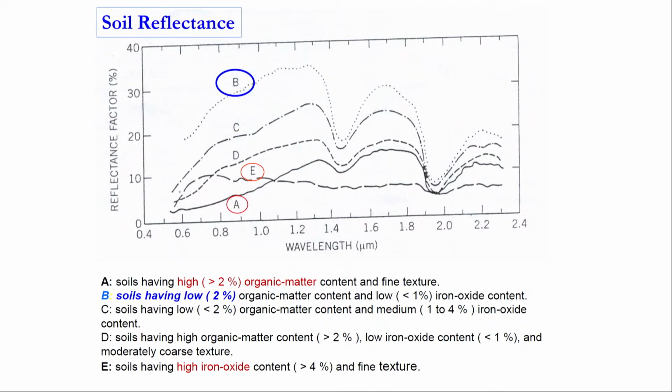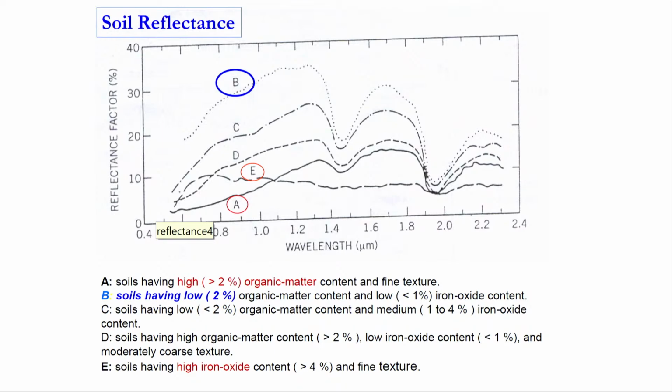Here the soil reflectance is shown. You see there, in general, soils having low organic carbon content will have high reflectance, and soils having high organic matter content will have low reflectance. The composition of soil is made of organic matter, sand, silt, clay, and soil moisture.